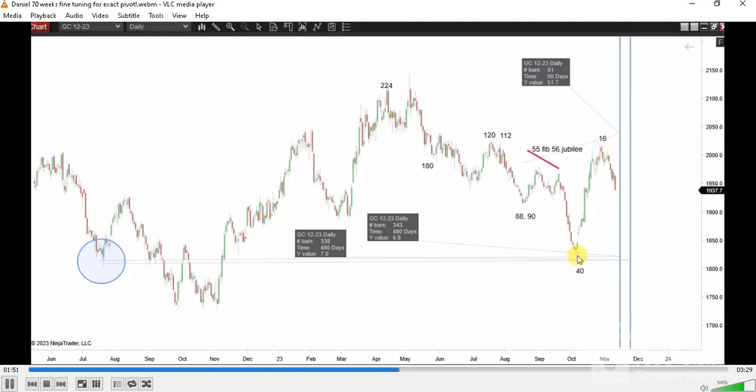Then 40 days takes me out to this low, 40 days and 40 nights. Also mentioned by Ezekiel in the quote that I showed yesterday from the Tunnel book. And then 55, 56 to this high, 55 important fib count, and 56 is the Jubilee period.